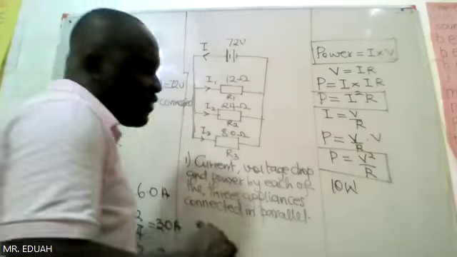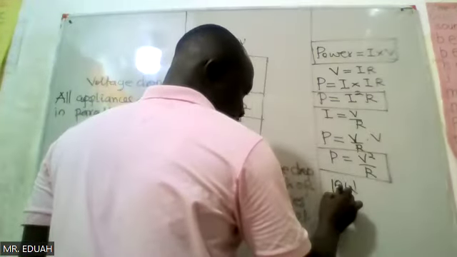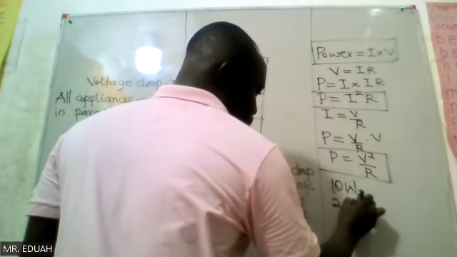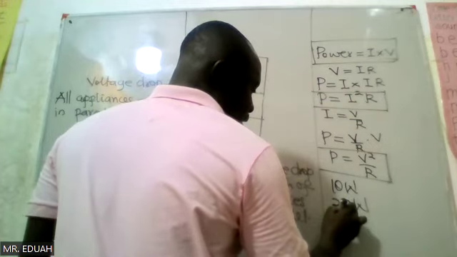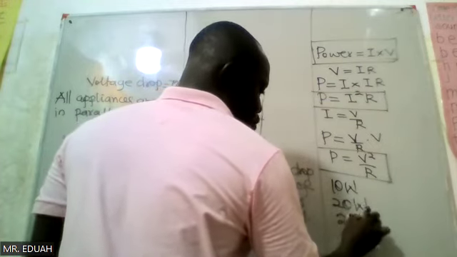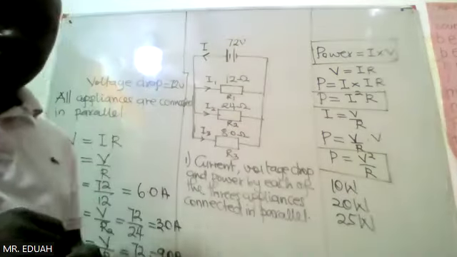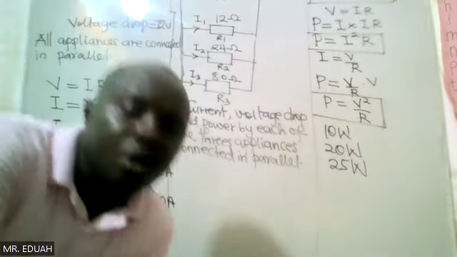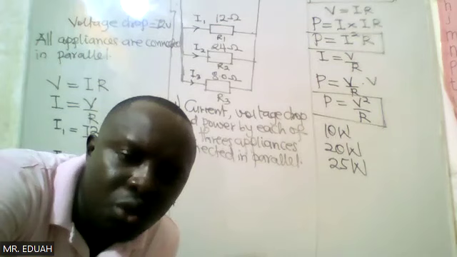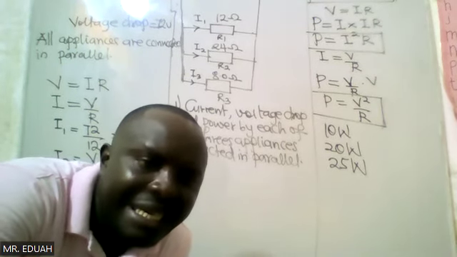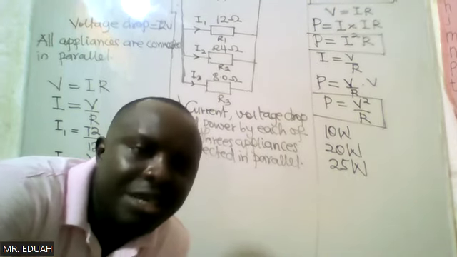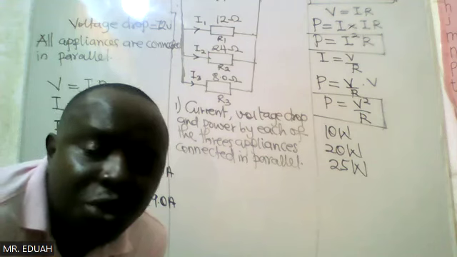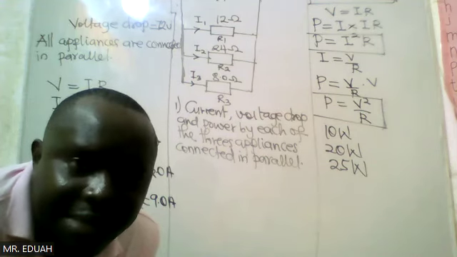If I have a 10 watts bulb, a 20 watts bulb, and a 25 watts bulb, and I ask you to make a choice, pick one, which of these three bulbs will you choose and why?